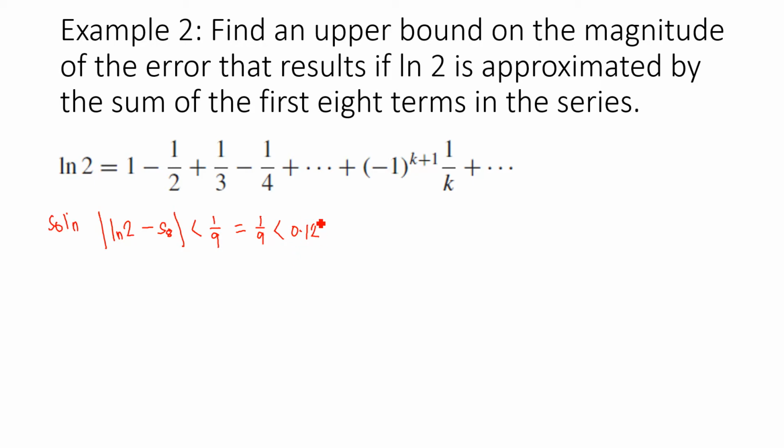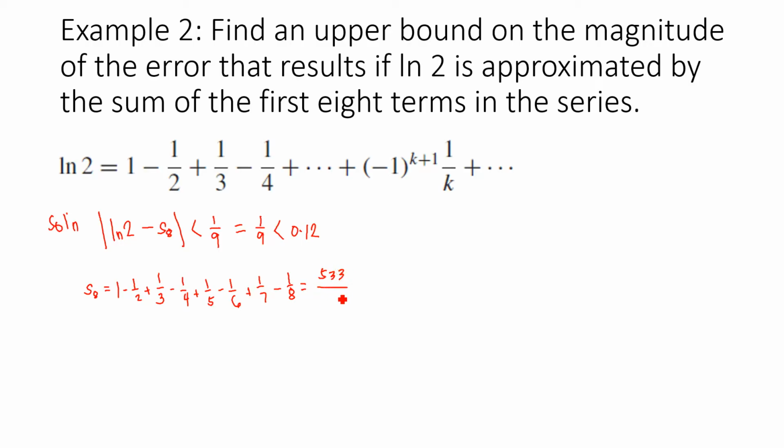Now to check, we can use our calculator to get the sum of the first eight elements in the series. So you have 1 minus 1 half plus one third minus 1/4 plus 1 over 5 minus 1 over 6 plus 1 over 7 minus 1 over 8.